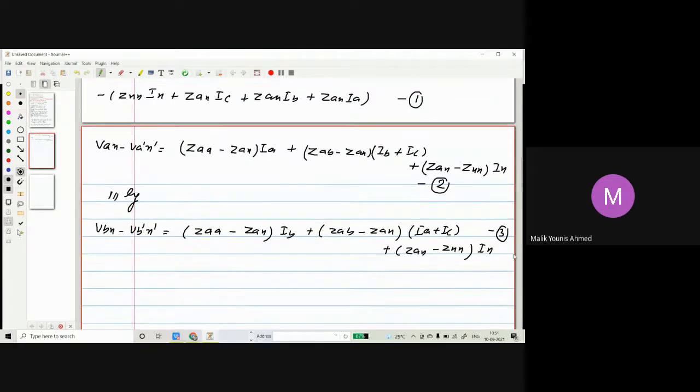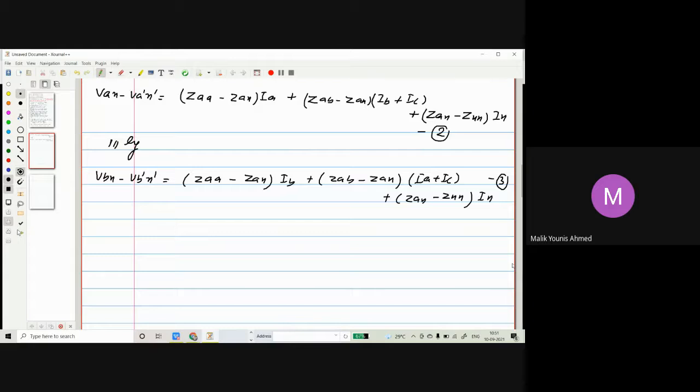Similarly, we can write another equation. This set we'll call 3rd. VCN minus VC dash N dash will be again same thing. We have to write, just manipulate it with ZAA minus ZAN, and this will be IC now. Plus ZAB minus ZAN.